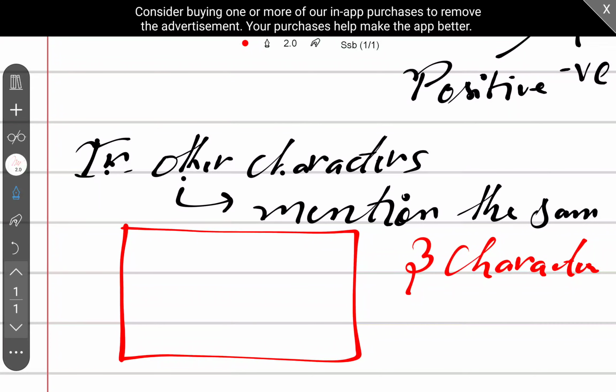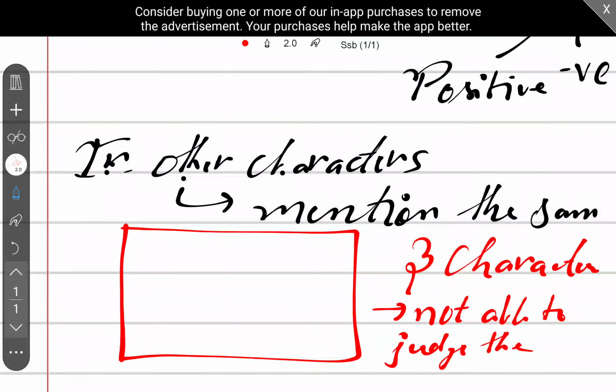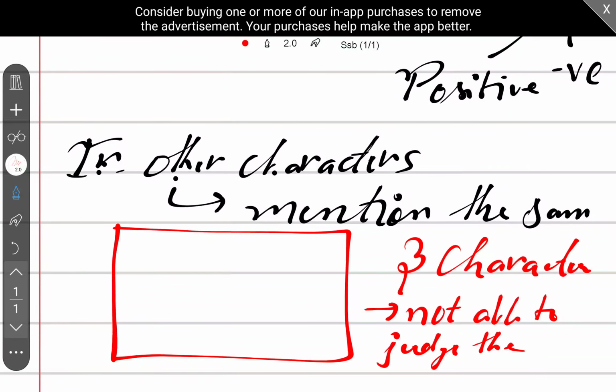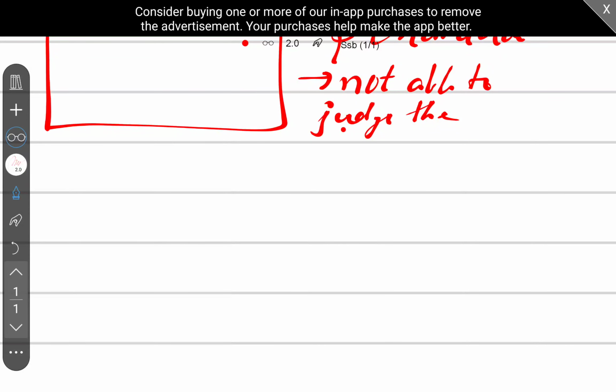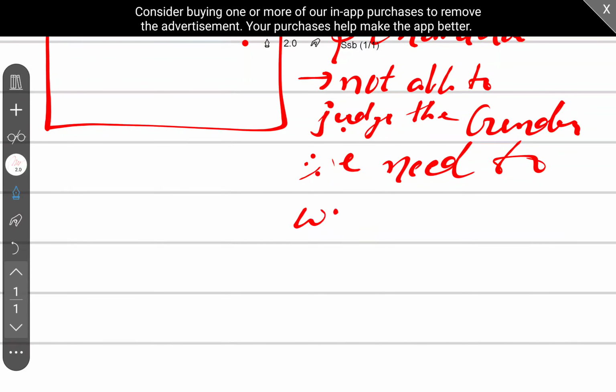It can be male, female, or another gender, and if we are not able to judge the gender, we need to write simply person.